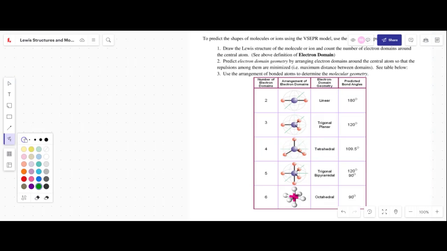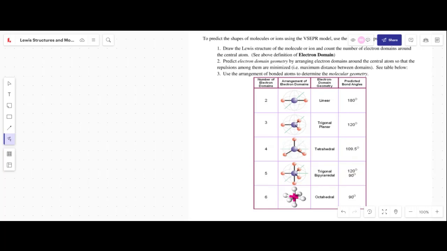It's called tetrahedral because if you drew lines and covered plates with each one of these different things, you'd get a four-sided triangular object, which would be a tetrahedron. So this is tetrahedral. And then, of course, if you have 5 electron domains, it's trigonal bipyramidal, and 6 is octahedral.